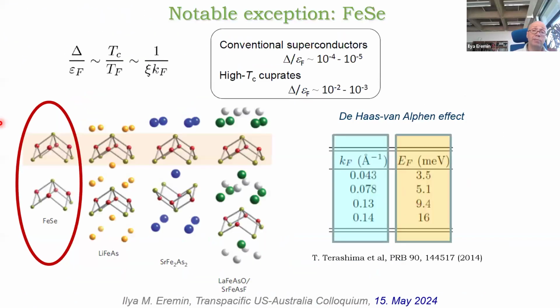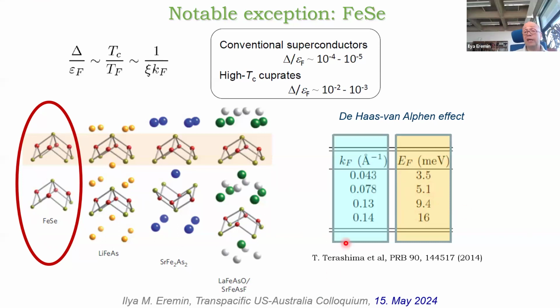Another interesting system, and this is the last couple of slides, is iron selenium, for several reasons. The first reason is that the Fermi energy of these systems is very small. You always have these pockets, but here they are extremely tiny. E Fermi is the energy separating the top or bottom of the electron or hole band from the Fermi level.